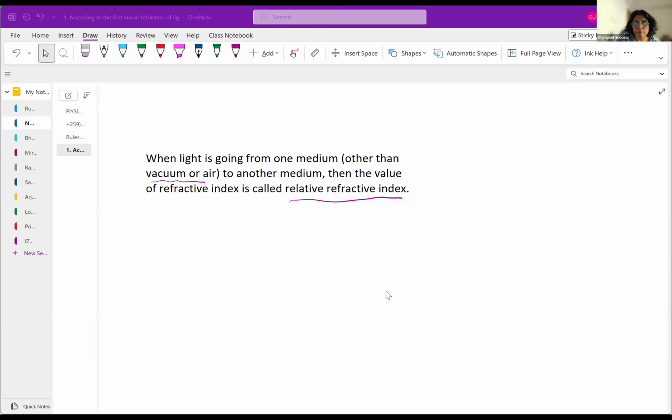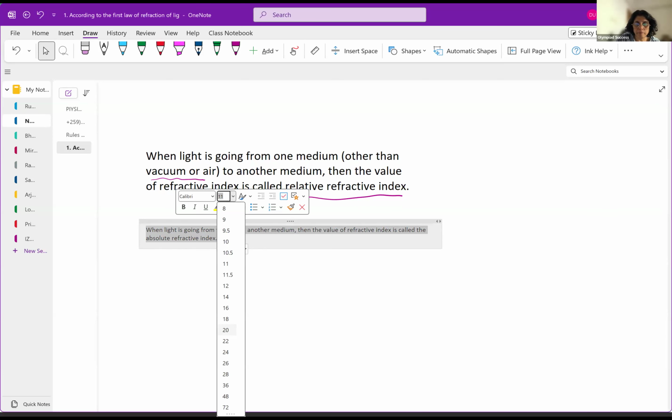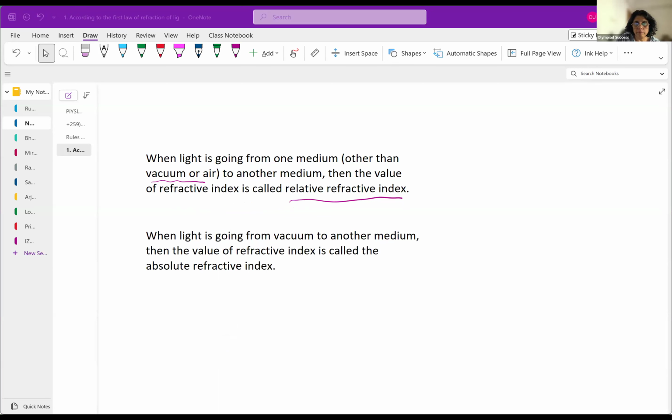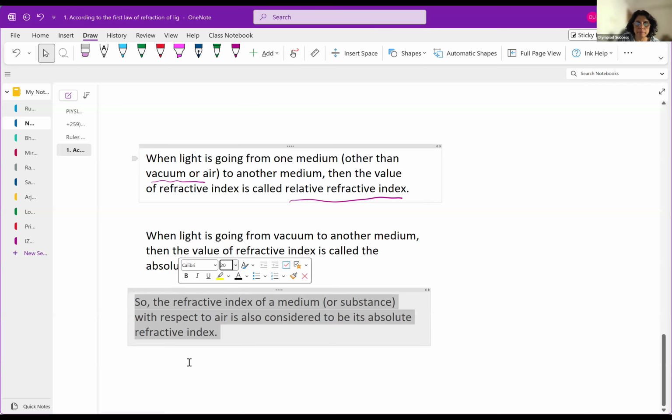When light is going from vacuum to another medium, we call it the absolute refractive index. So basically, if it is with respect to air, even then we call it the absolute refractive index.